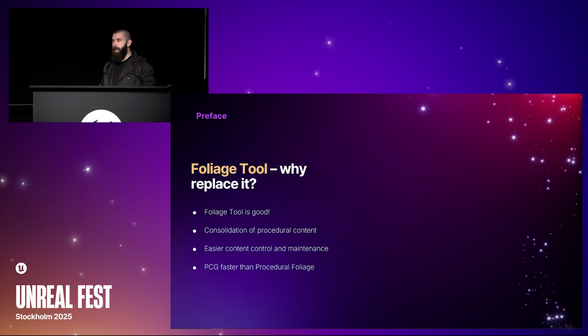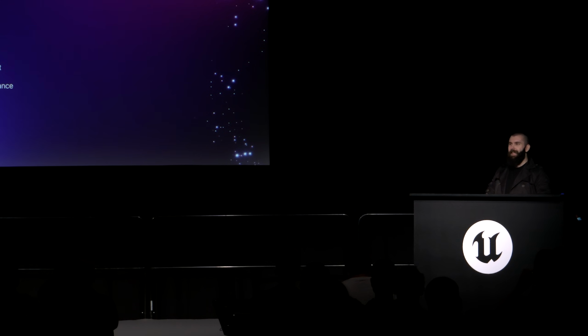So in essence, you would have 3 of them: landscape grass with landscapes, foliage tools with procedural foliage, and then you have PCG. And me as a maintainer on the project of all those systems, I don't want to go around the 3 different systems and 3 different data types and look out for all of them. So I just wanted to unify them into that one system. And generally, PCG compared to procedural foliage is very fast unless you are working with, I don't know, hundreds of millions of points being generated.